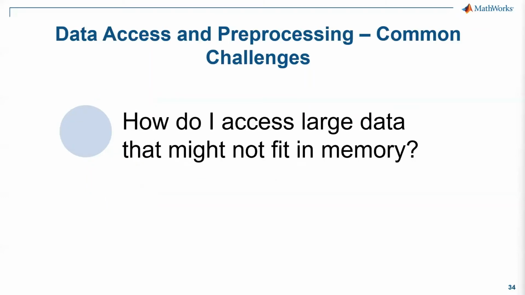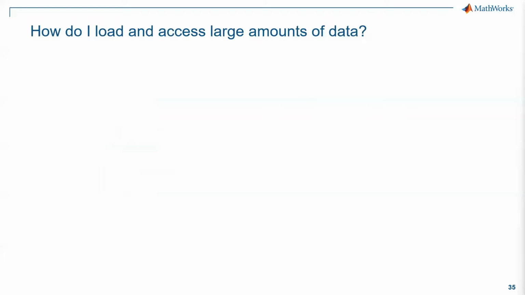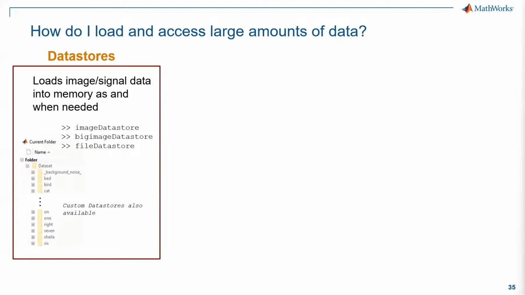So for the first question, when training deep neural networks, we are working with a really large amount of data. So often we cannot load it all into memory. One way MATLAB handles this problem is with datastores. Rather than loading all your data into memory, datastores load in data only as you need it. They act as a pointer to the data.